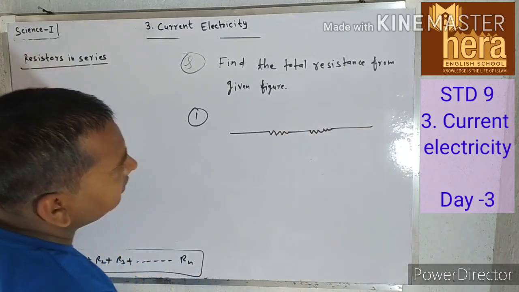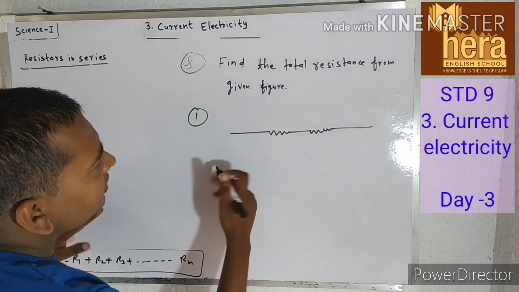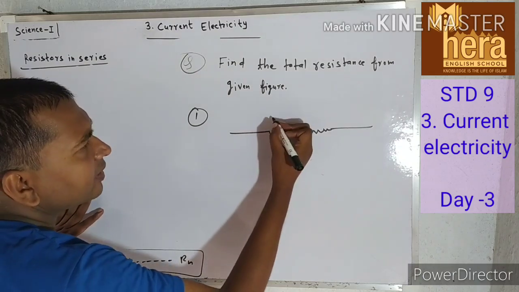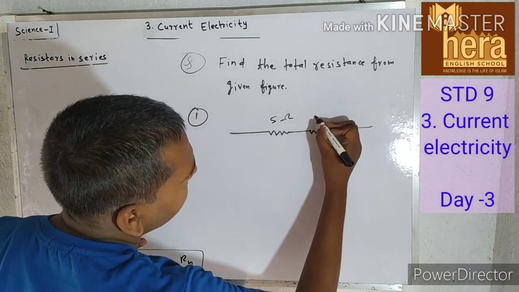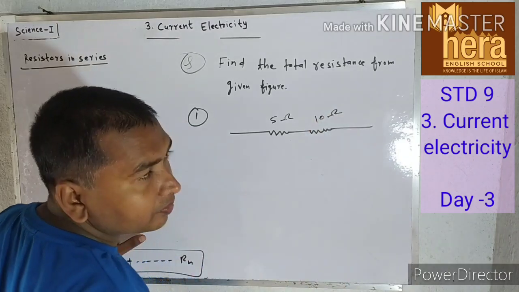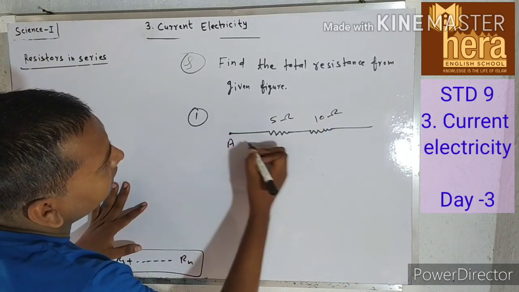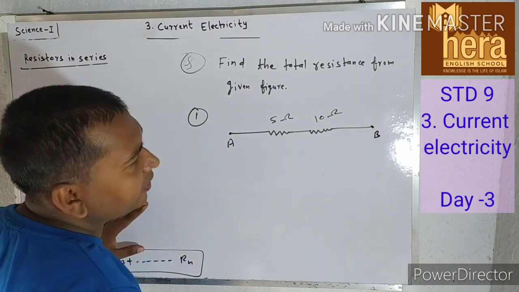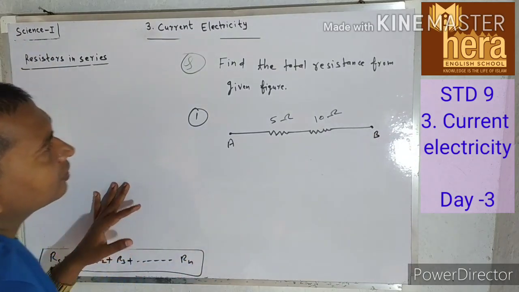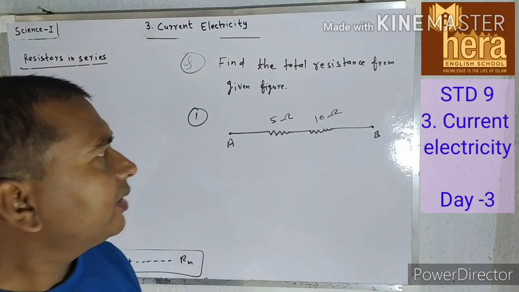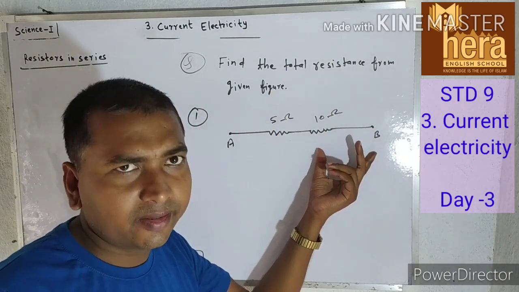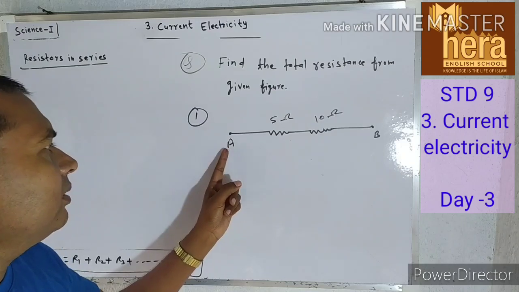There are two resistors having resistance 5 ohm and 10 ohm between point A and B. This is a figure in which there are two resistors connected between point A and B.